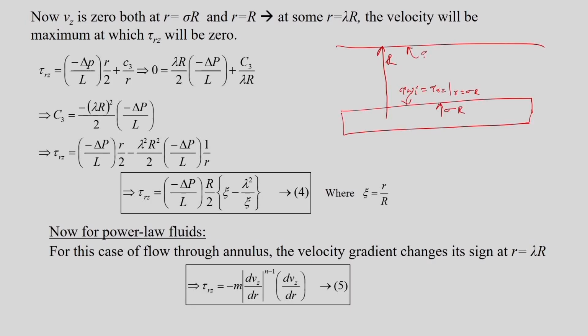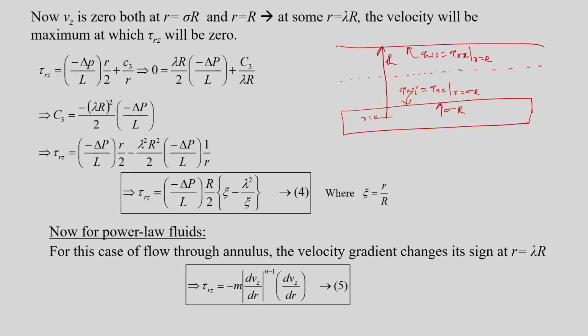At the outer wall, tau WO, that is tau rz at r equal to capital R, both of them have some value. But we know that somewhere in this annular space, between r equal to sigma R and r equal to capital R, there will be a location where the velocity is maximum.